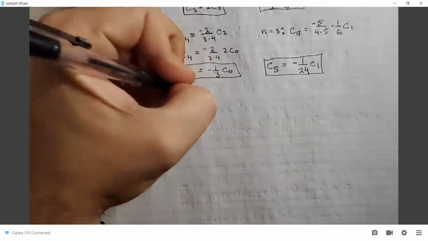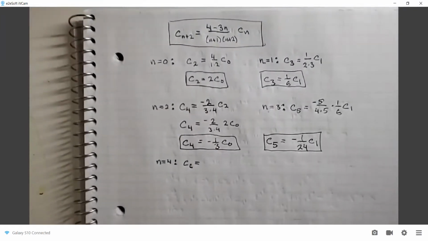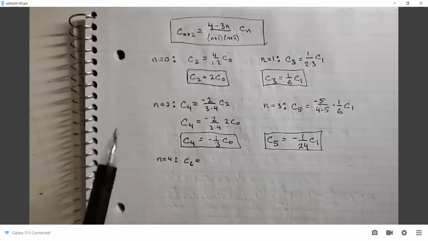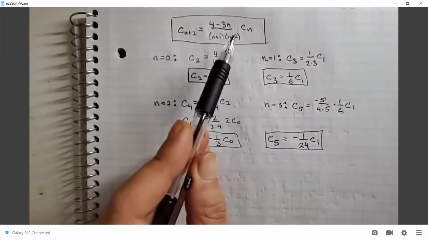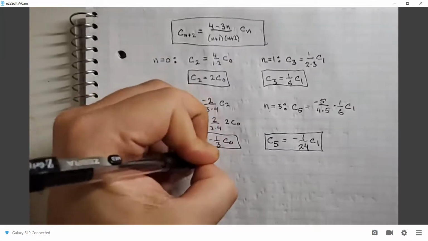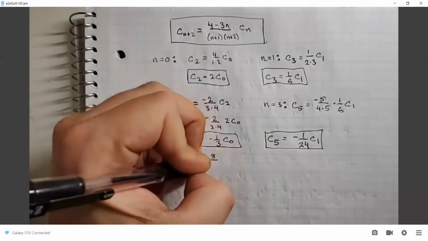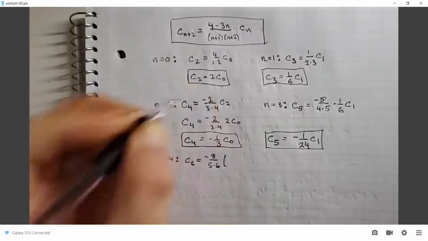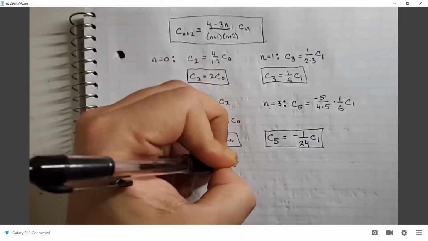If I do n equals 4, that would be c6 equals, lost my formula here. Here we go. C6 equals, so we're doing n equals 4, so that's -8 over 5 times 6, and then times C4, which was -1/3 C0.